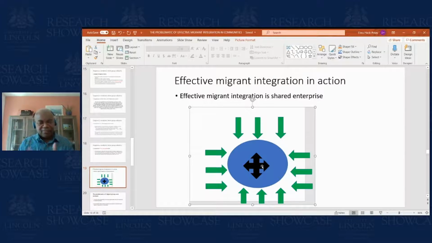And that blended approach tends to create social cohesion. So migrant integration is a dual effort from the migrants themselves and also from the local collectivity, to create a new collectivity which has both sets of actors present and well.